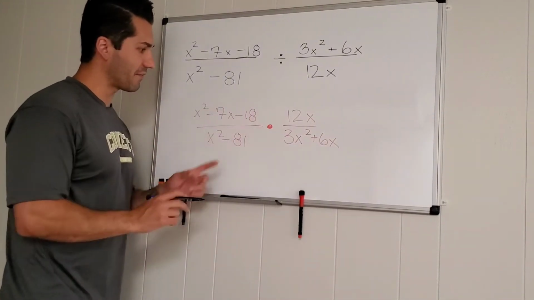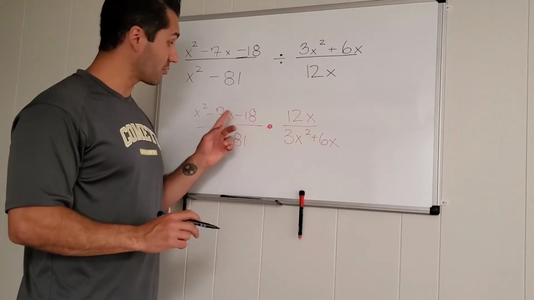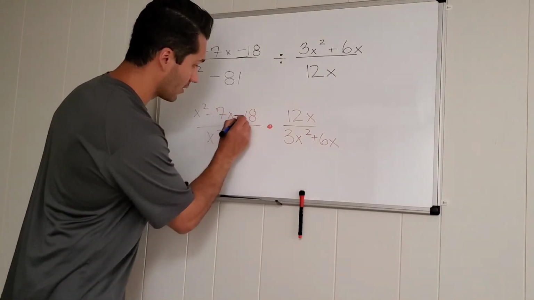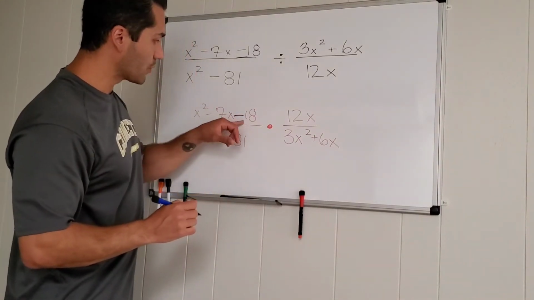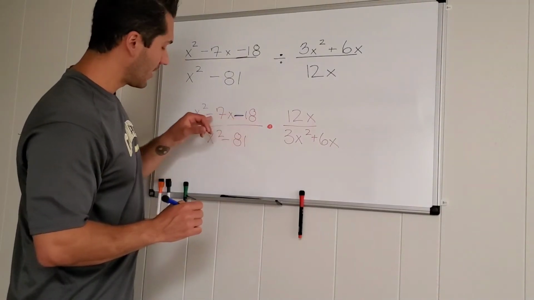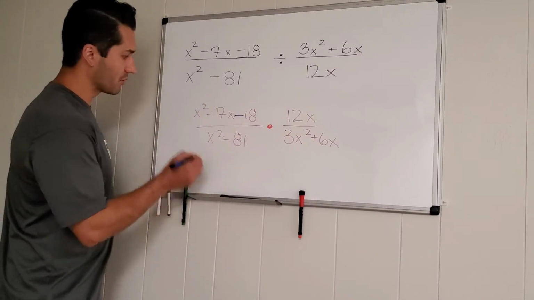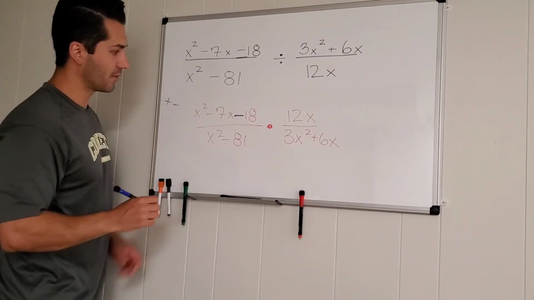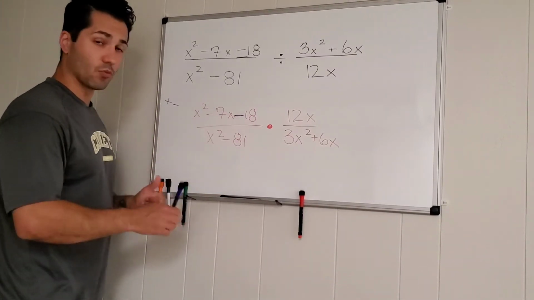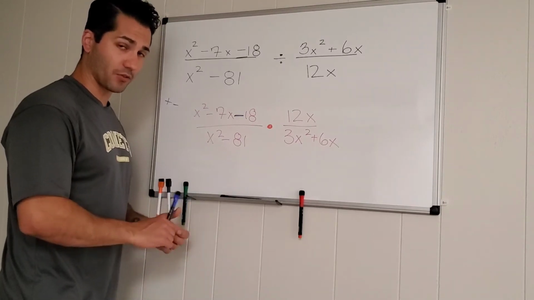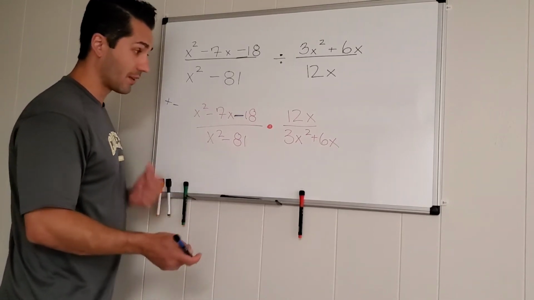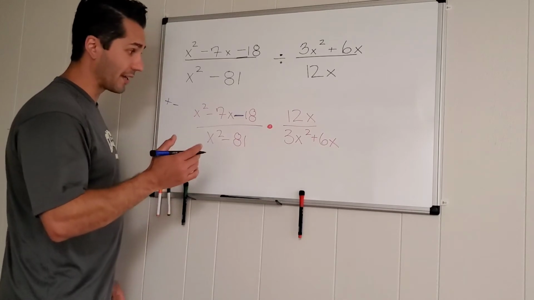This is basic factor. And this is the type that you guys screwed up a lot because of this negative. We need numbers that multiply to give us a negative 18 and add up to give us a negative 7x. If you remember, negative numbers happen with a positive and a negative. Negative 18: 1 and 18, 2 and 9, 3 and 6. Not a lot of choices there. So you should be eyeballing that 2 and 9.